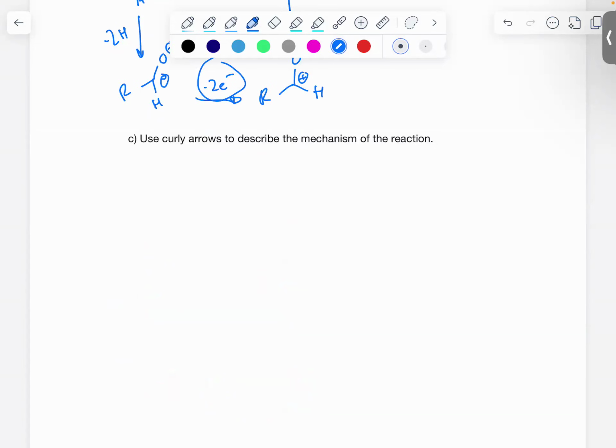Now we can use curly arrows to put these things together, where we start with our alcohol, and we have NAD, well, this is NAD plus, that can be used to take up the electrons that we will generate in this oxidation. So we'll have a base come in and deprotonate.